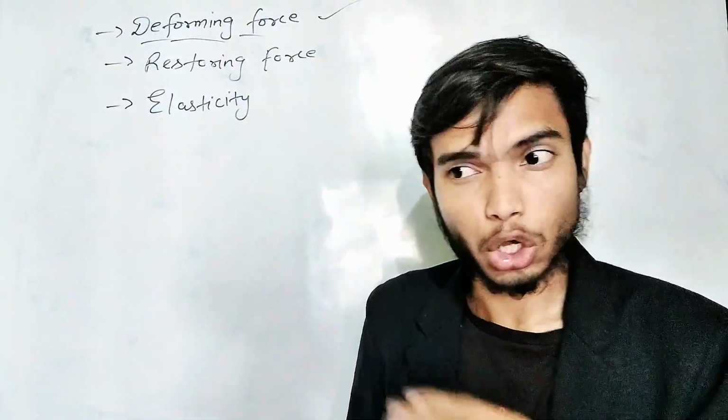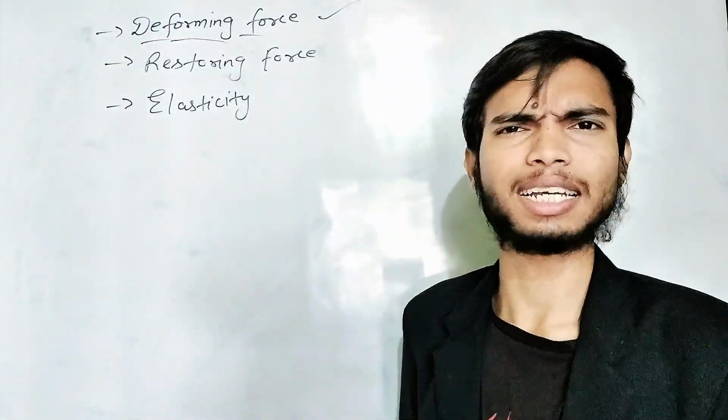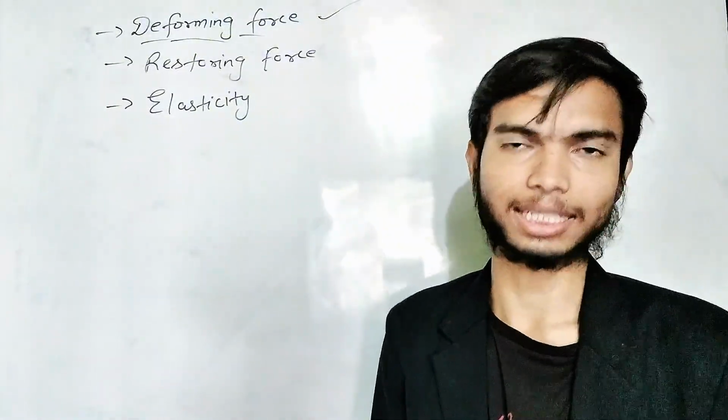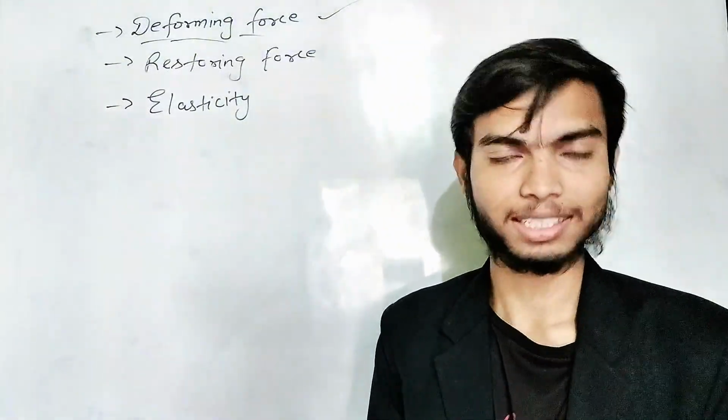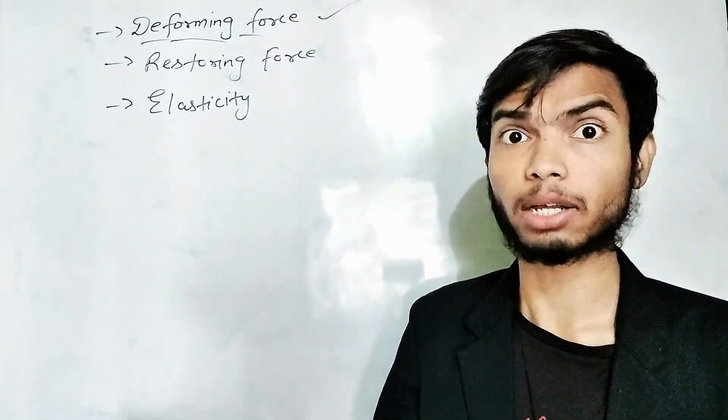Something is being restored by the body, so we can say the body has an elasticity property. It happened due to the elasticity property present in this body, and the body can be a solid, a gas, or a liquid.